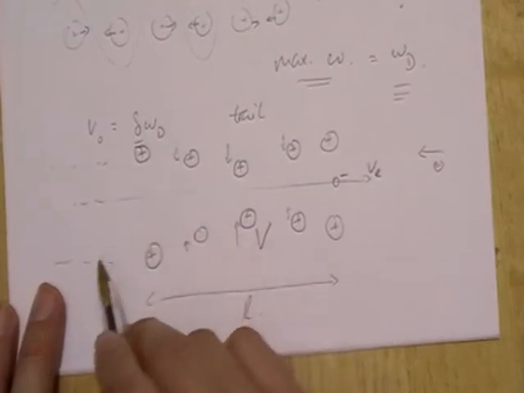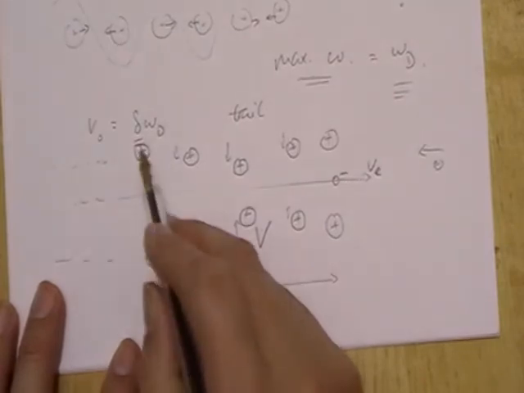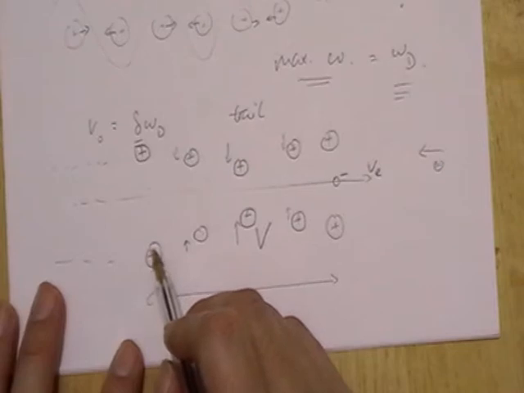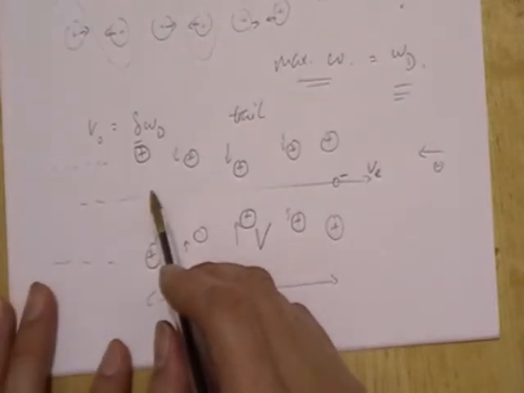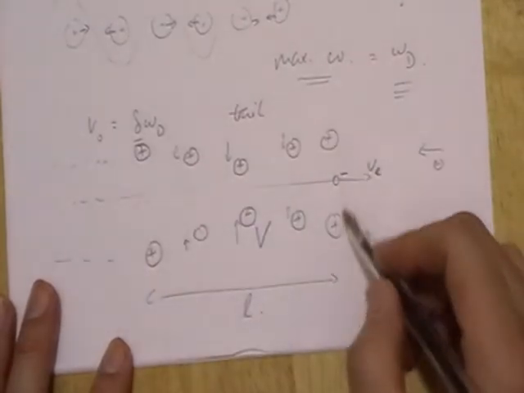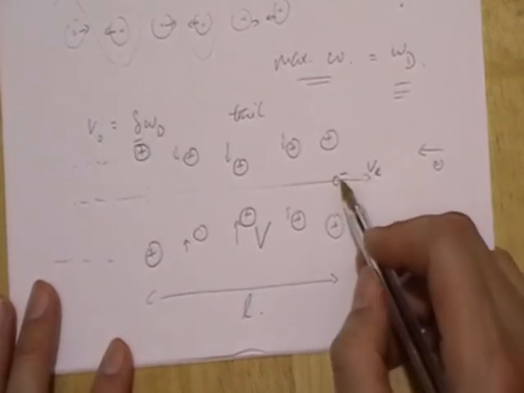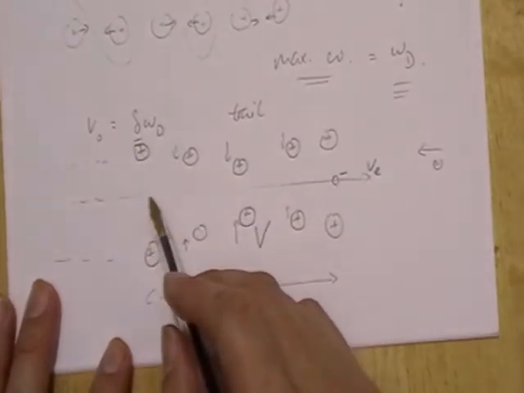When the electron was there, these two ions would have just experienced the impulse, the attraction from the electron, just as those two are experiencing that right now.